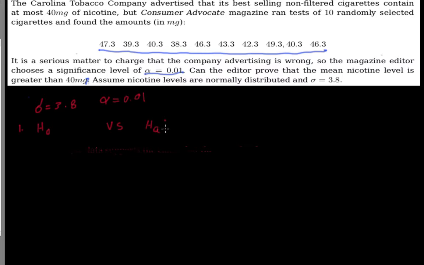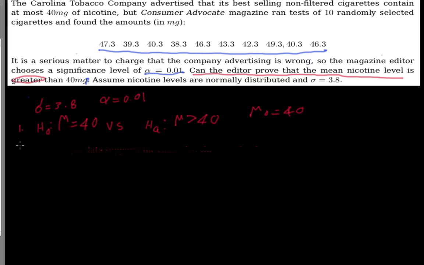What do we want to check over here? Can the editor prove that the mean nicotine level is greater than 40 milligrams? It means mu equal 40 and alternative mu greater than 40. So here this is mu naught. Mu naught is 40.